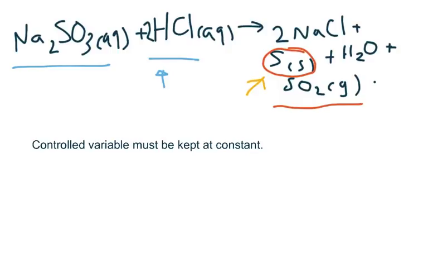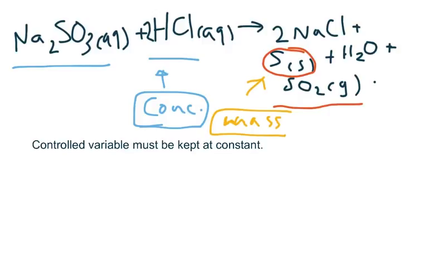So what does that make our dependent variable? Our dependent variable is the one that we need to measure to judge the effect of changing the independent. So, for example, we might set different concentrations, and that would be our independent, and measure weight or mass of sulfur, and that would be our dependent variable.